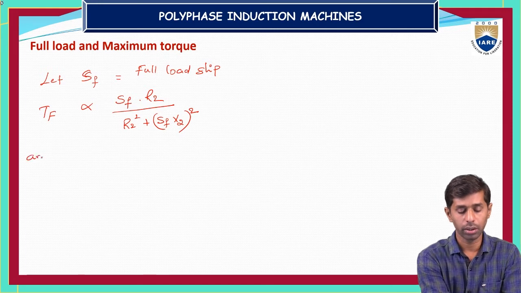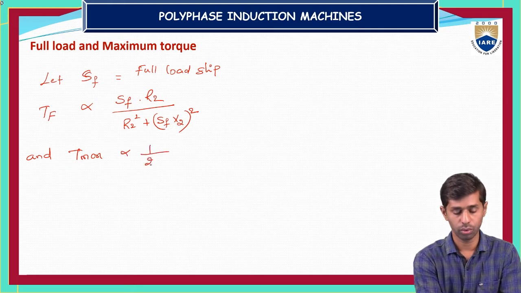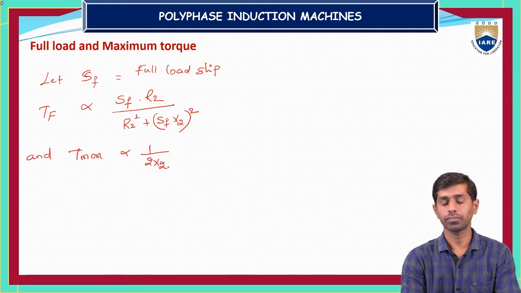And maximum torque T maximum is directly proportional to 1 by 2 times X2.